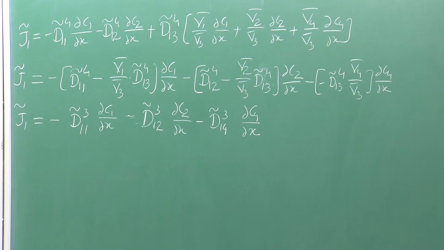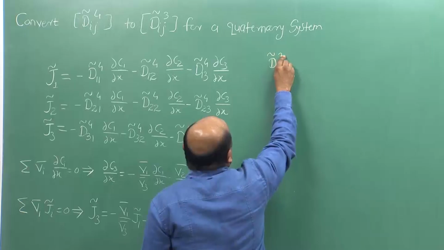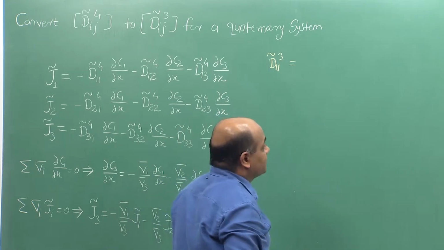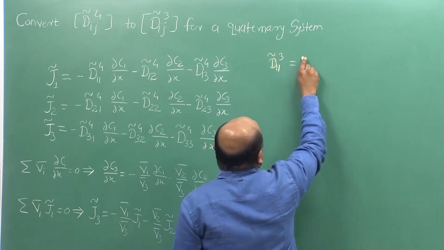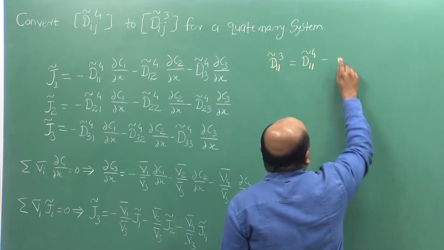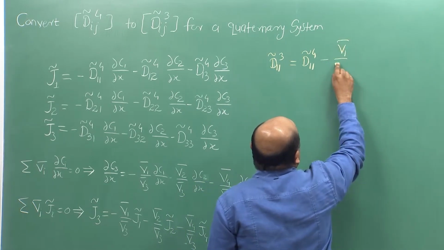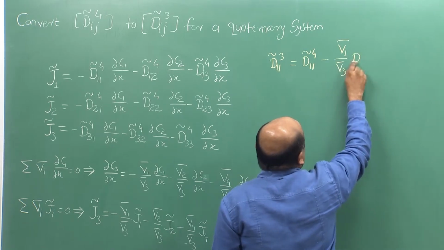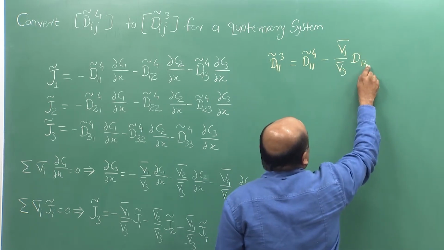So, we can write D11 tilde 3 is equal to D11 tilde 4 minus V1 bar over V3 bar into D13 tilde 4.